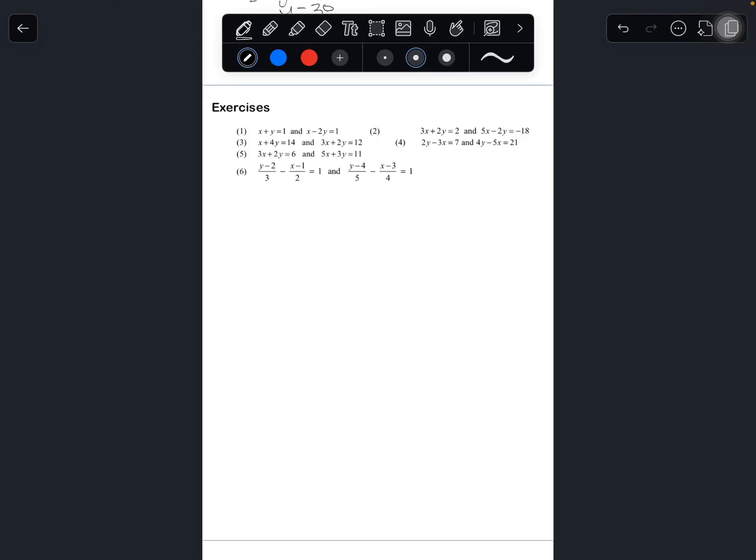So we have 3x plus 2y equals 2. Oh no, do not do it where you just assume it's going to be a minus. We need to look at the signs in front of the two y's. We have a positive 2y and a negative 2y, so we're going to add them.